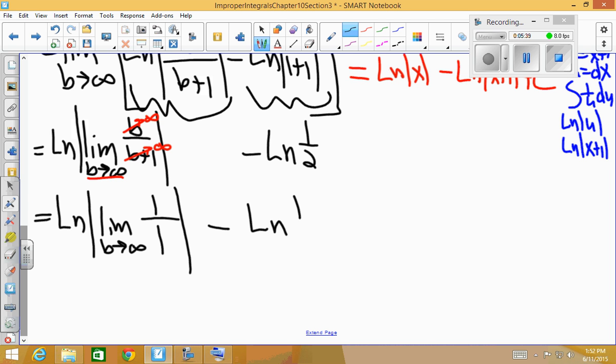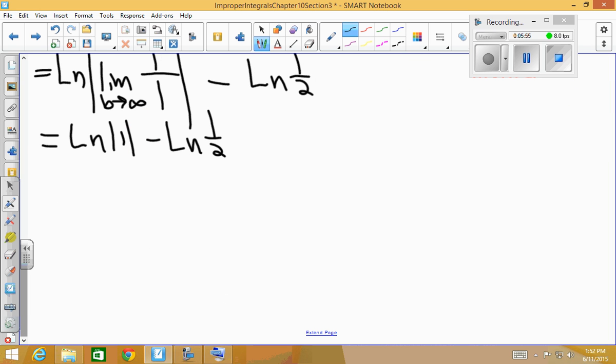We still have our natural log of 1/2 just kind of hanging out. The limit of 1 over 1 is just 1, and the natural log of 1 is 0. So that whole term just goes away. And so we have left negative natural log of 1/2.